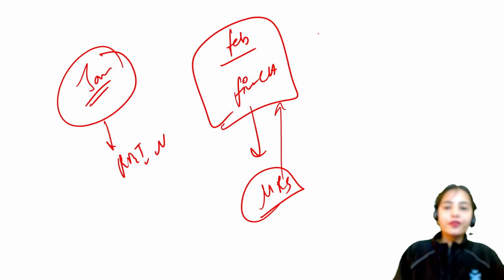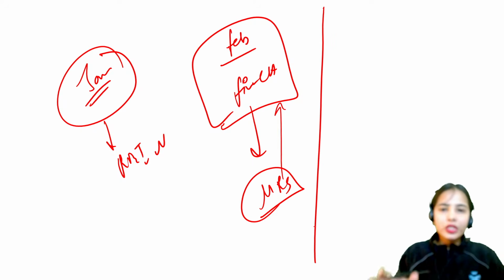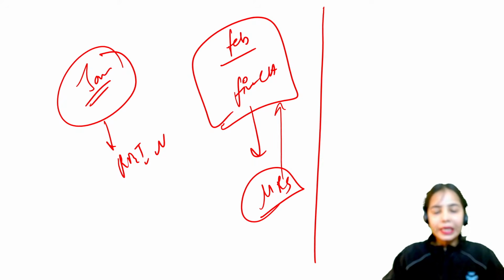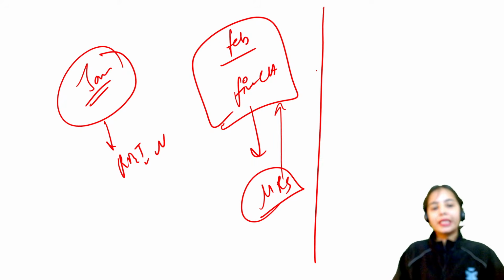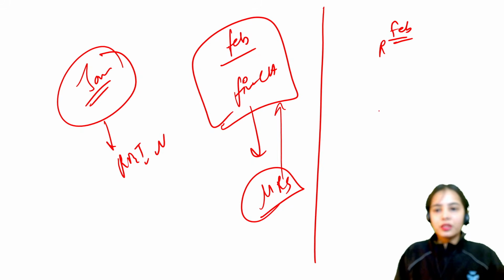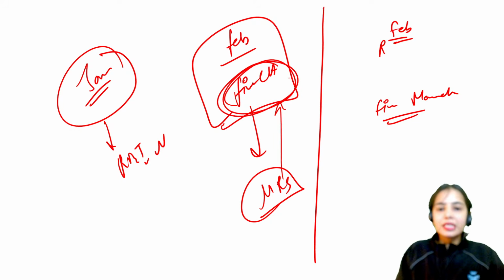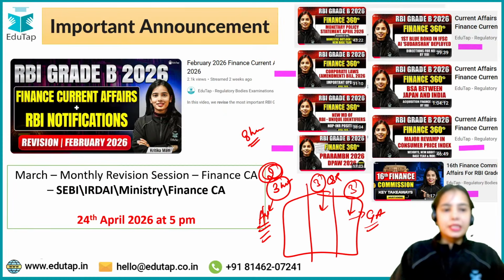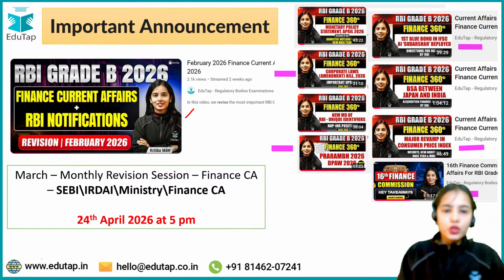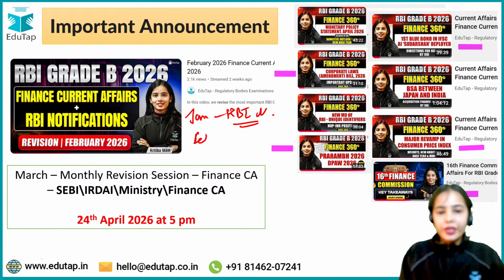But if you think you can take the risk and you do not have much time, then I will suggest RBI notifications from Feb and the finance current affairs from March, as well as the most important finance current affairs of Feb that you can see in the session. So from Jan, RBI notifications. From March, you can do the finance current affairs in more detail.